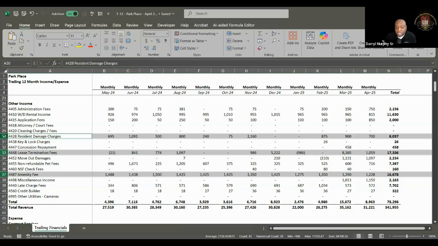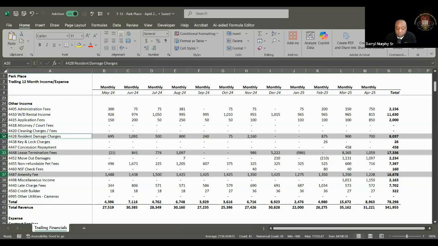You may be saying to yourself, I'm making 17,000, boom, that's good, right? No, that's not good. Although you may be making 17 grand, that's telling you you're having turnover. Why are people terminating their lease? When you come in, you don't want people terminating their lease. You want people to stay forever.